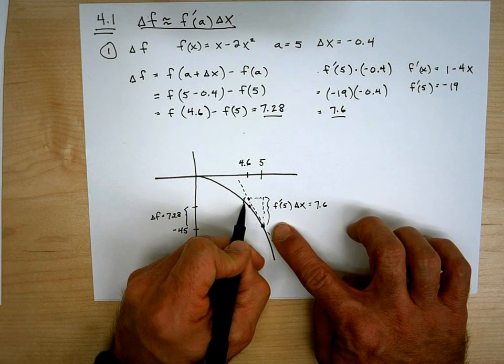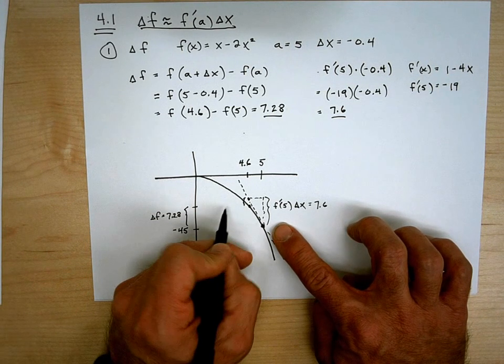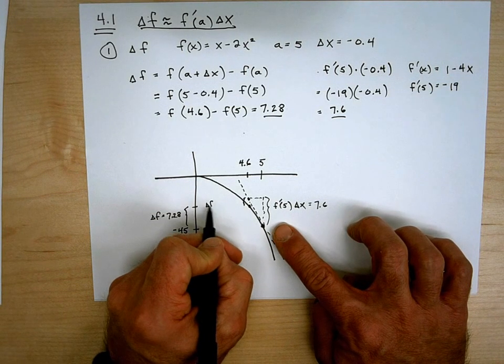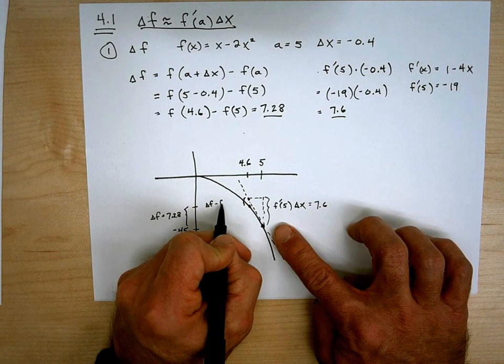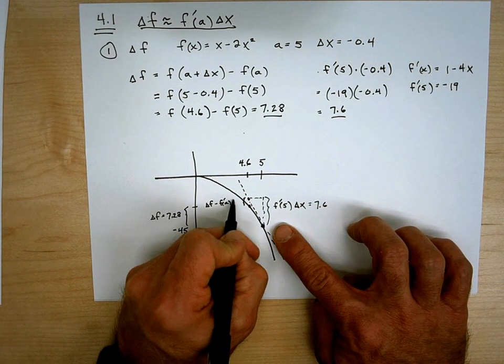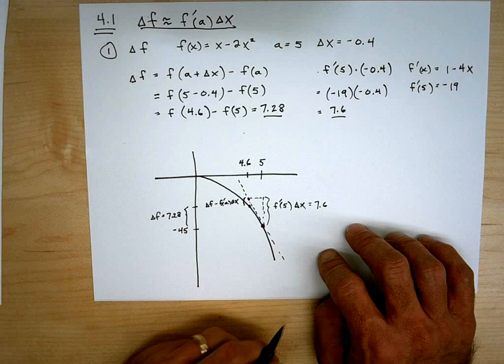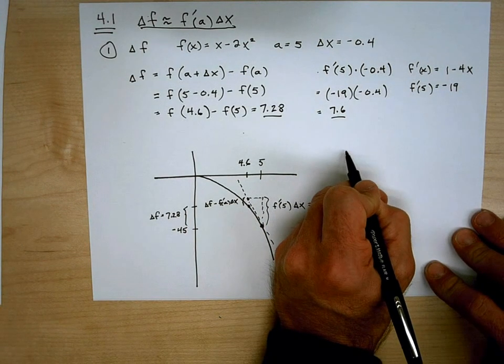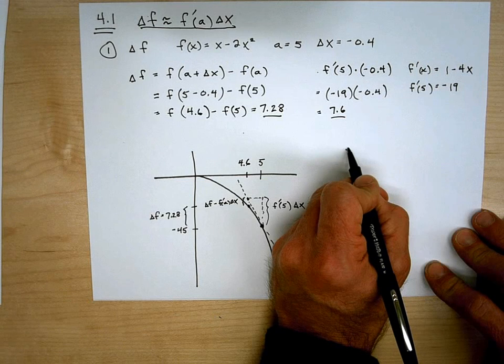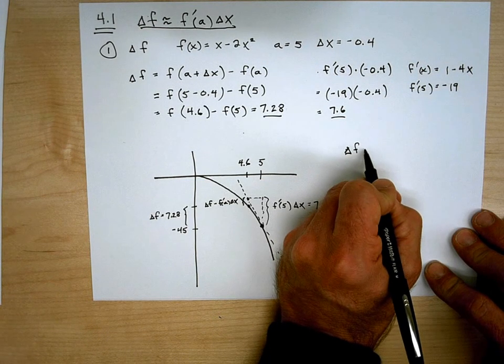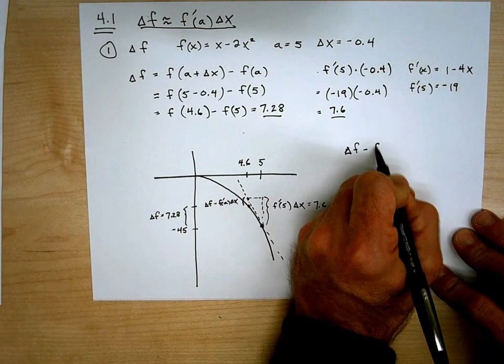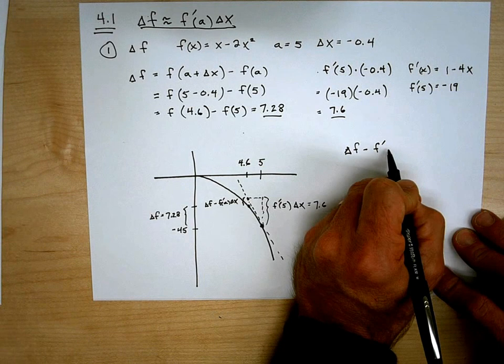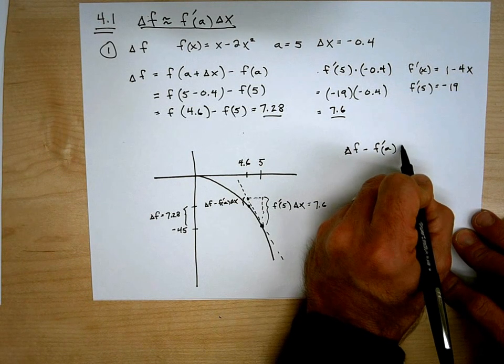So this piece right in here, that would be our error, which is delta f minus f prime of a delta x. All right, and we can actually compute that, right? It's just going to be the difference between delta f minus f prime of a delta x.